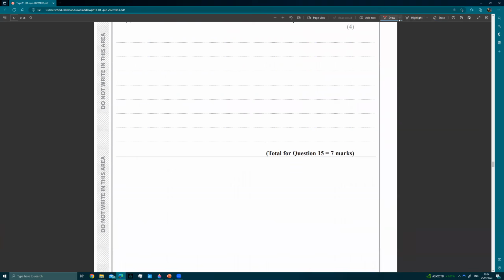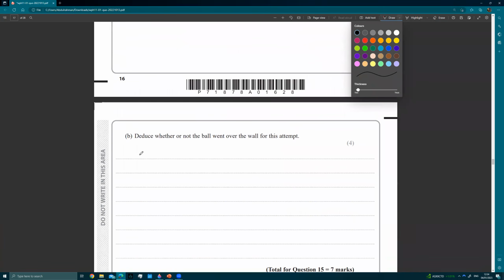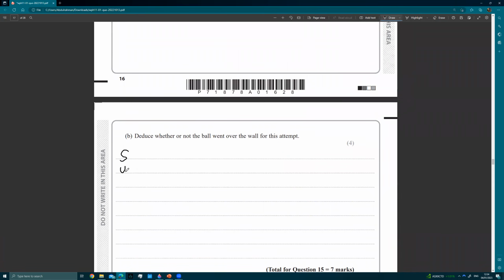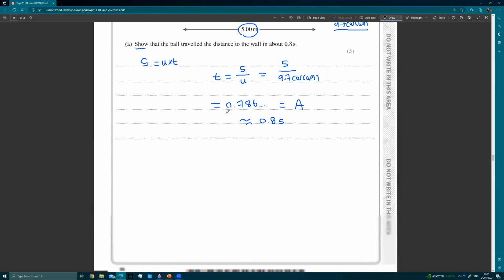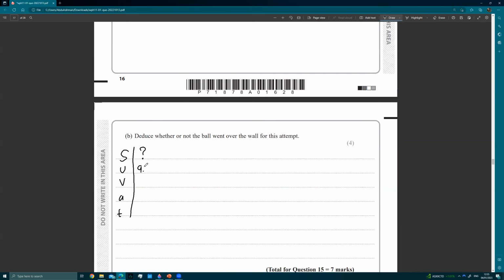So let's now consider the verticals. I'm going to write down SUVAT. We're trying to work out what the vertical displacement is. We know the initial velocity vertically is 9.7 sine 49.